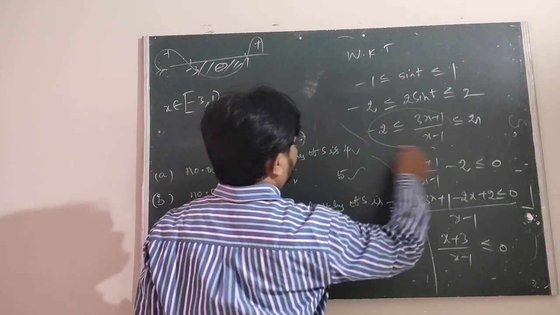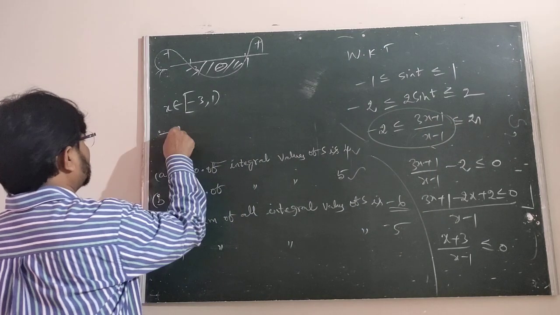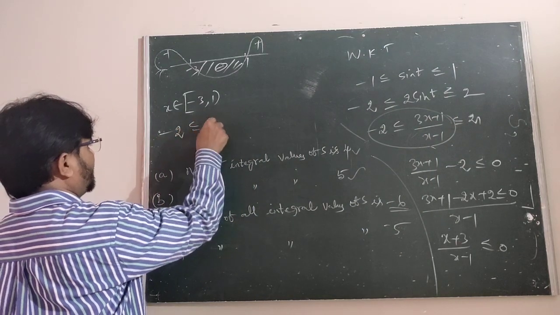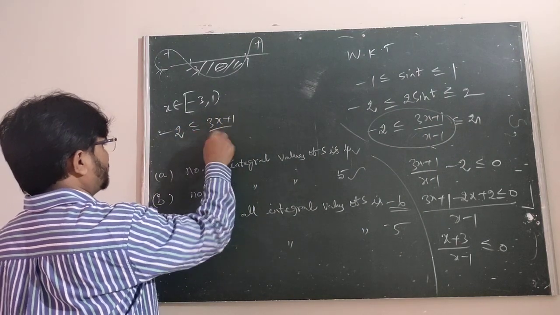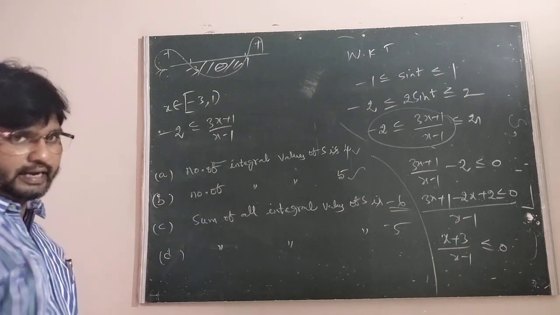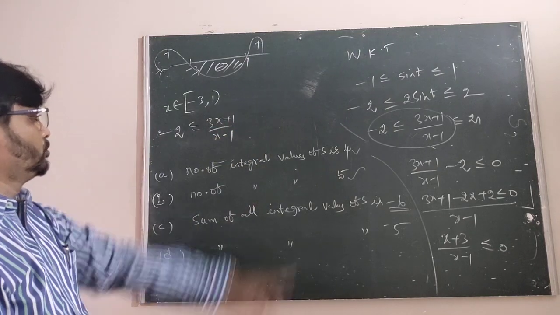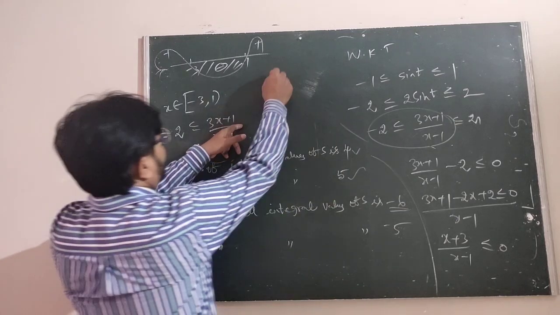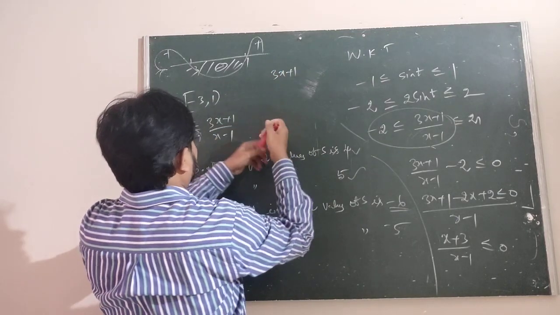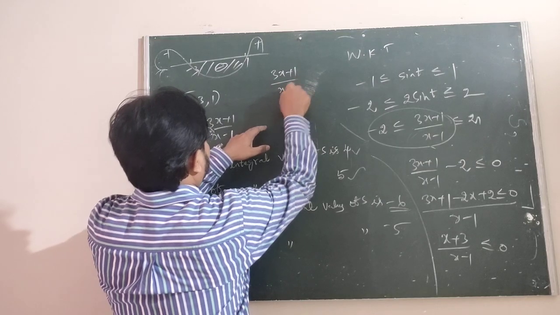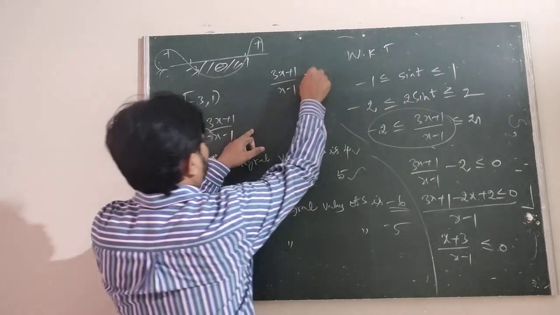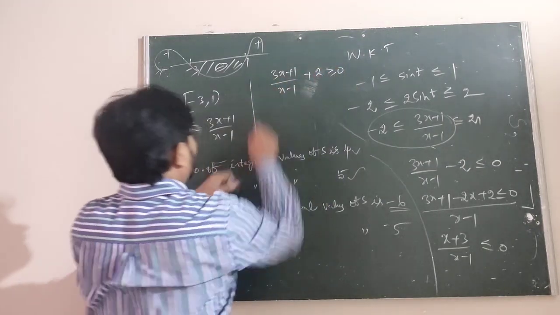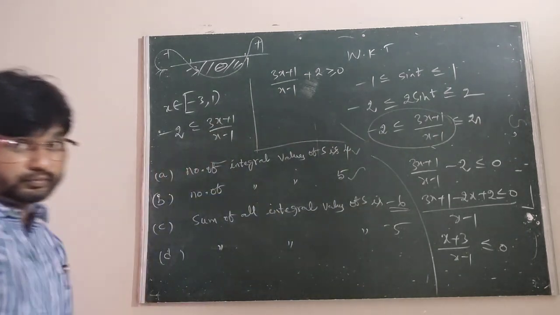And the second case is: minus 2 less than or equal to (3x plus 1) whole by (x minus 1). Now this minus 2 sending to the other side will be plus 2. Therefore (3x plus 1) whole by (x minus 1) plus 2 is greater than or equal to 0.